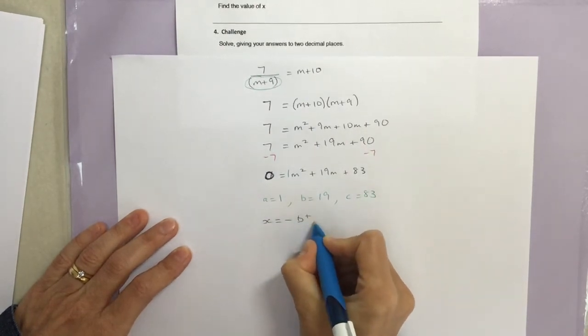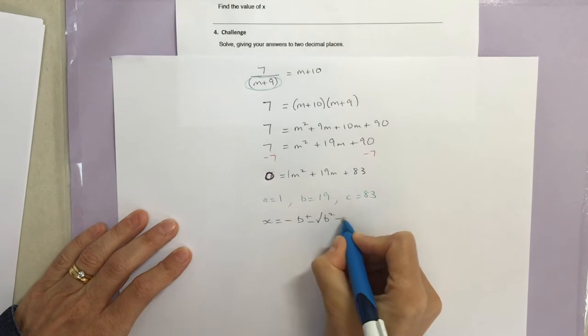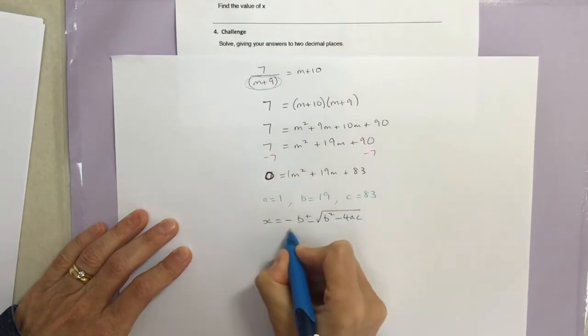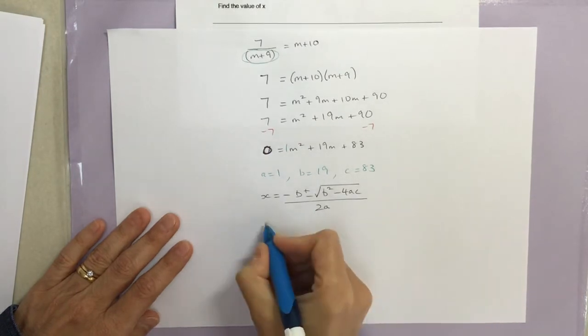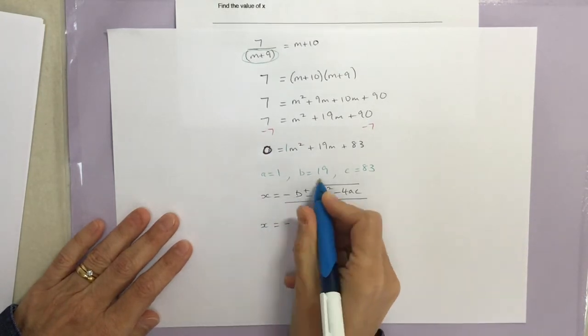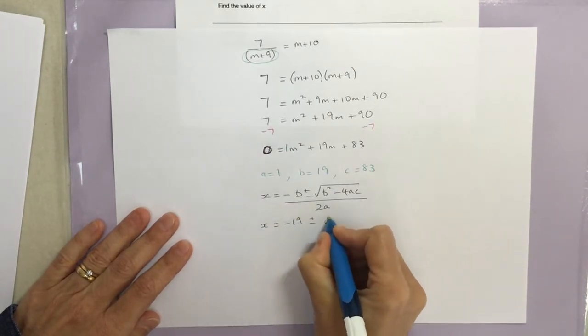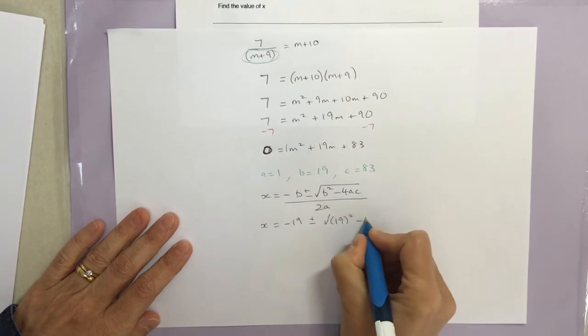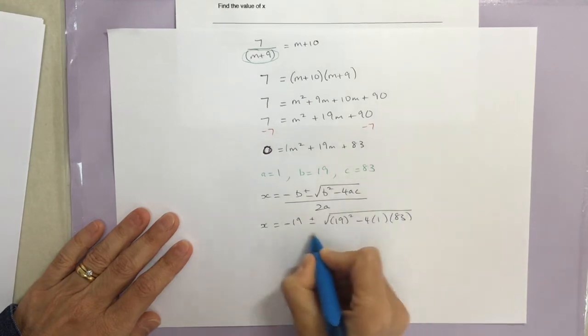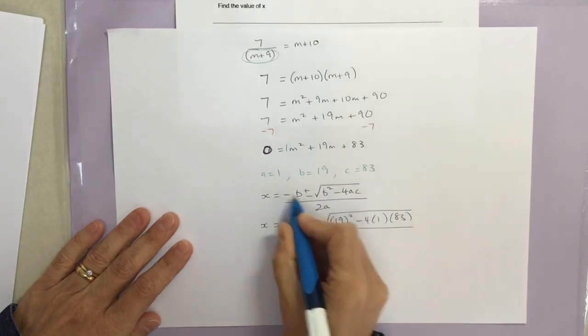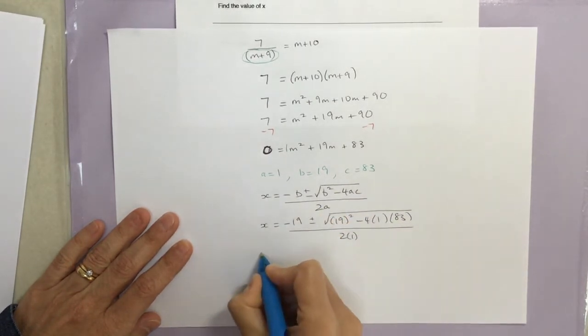Quadratic formula. X is equal to minus b plus or minus the square root of b squared minus 4ac all over 2a. Substituting our values in, minus 19 plus or minus the square root of 19 squared minus 4 times 1 times 83 all over 2 times 1.